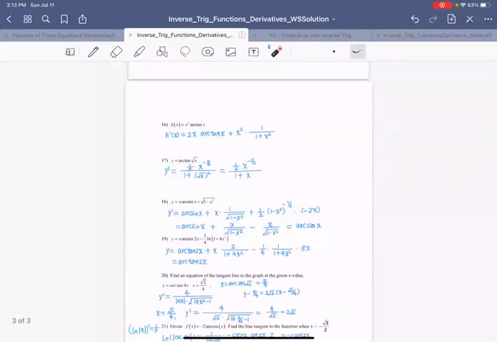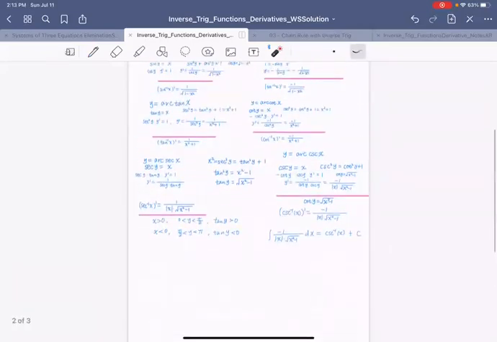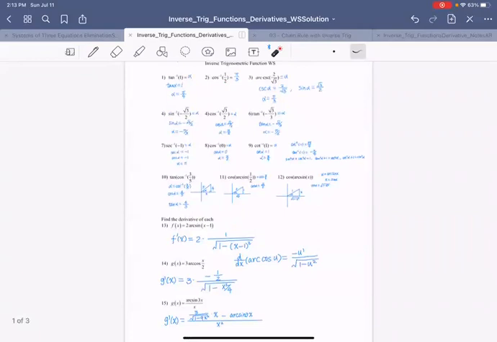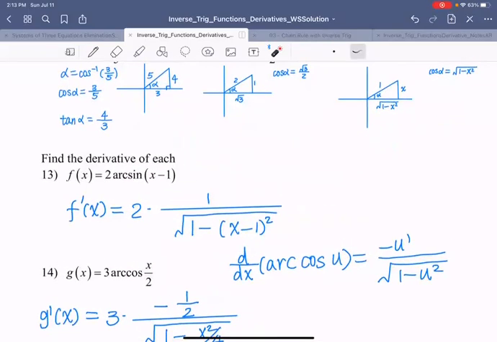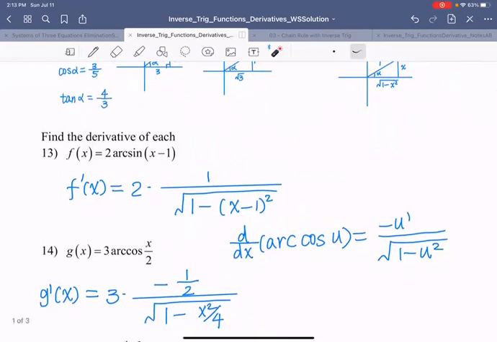All right. Now we are going to do the real practice. Let's see the question. The first one. If I tell you f of x equals this, and then I want you to do the derivative, the difference between this and the original formula is that the original formula is arc sine x.